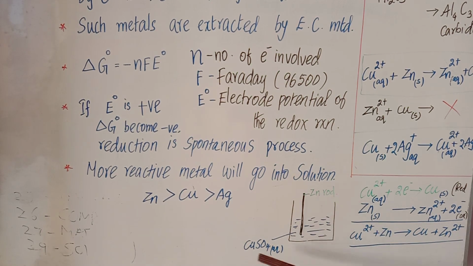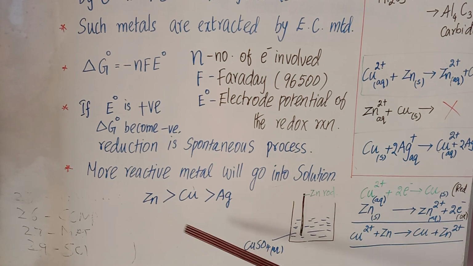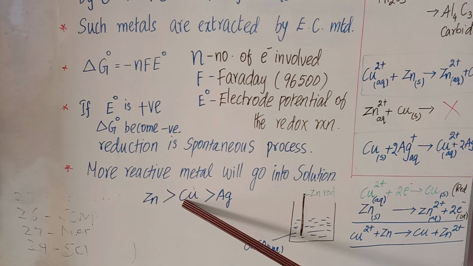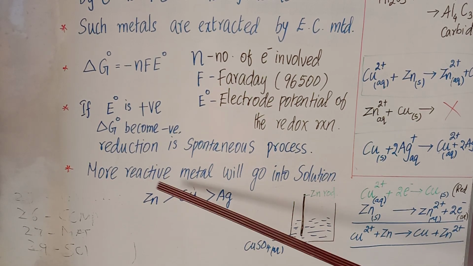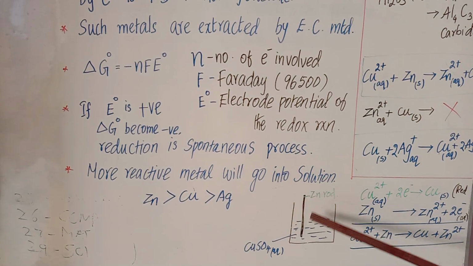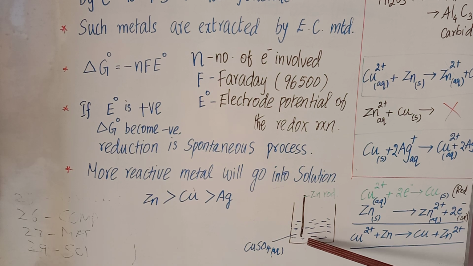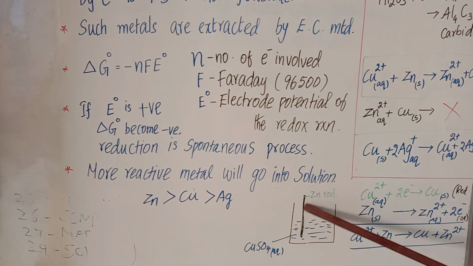Zn is the more reactive metal when compared to Cu. So, Zn will go into the solution, and the copper in the solution deposits on the rod.